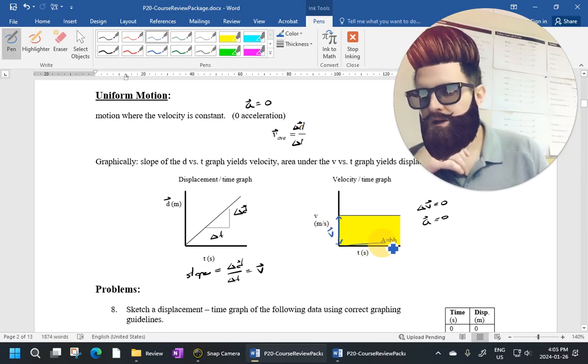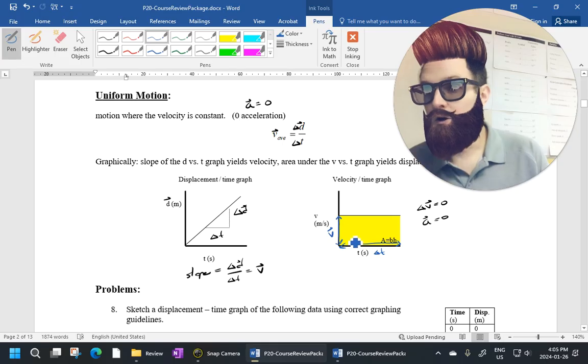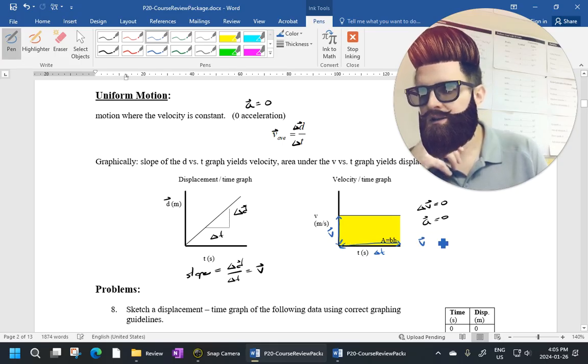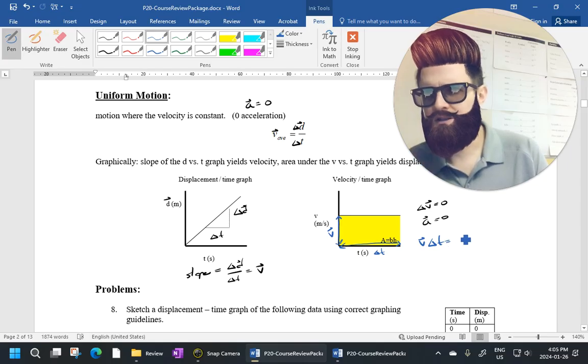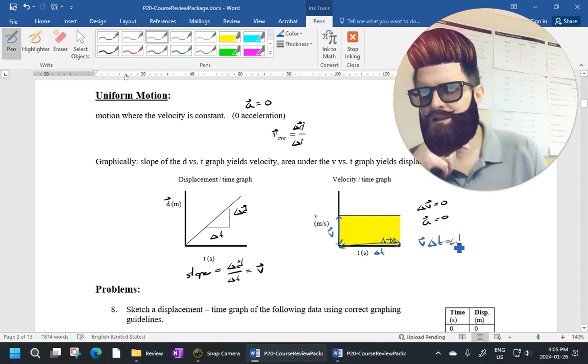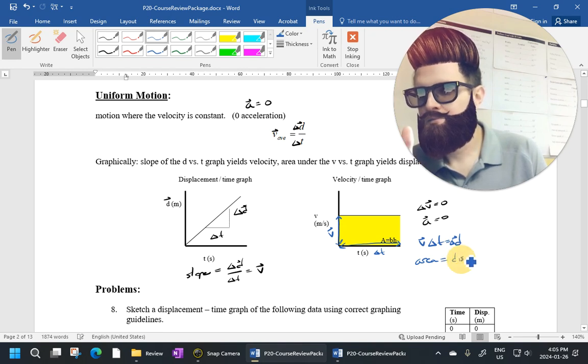And then my width here is time. If I multiply those together, I get v times t, which, if I look at the rearranged version of that, is equal to d. That's equal to my displacement, how far I've traveled. So the area of a velocity time graph is my displacement.